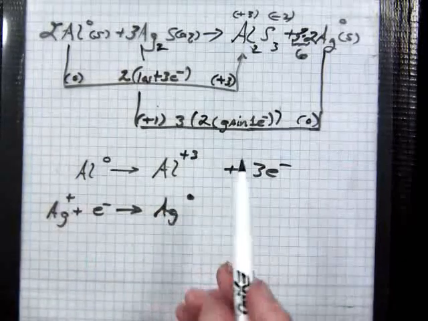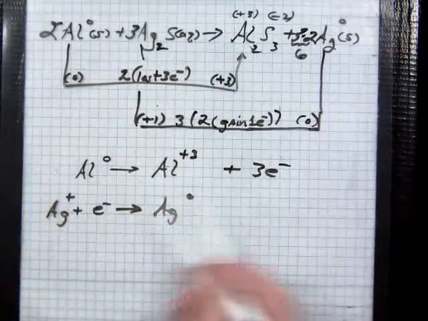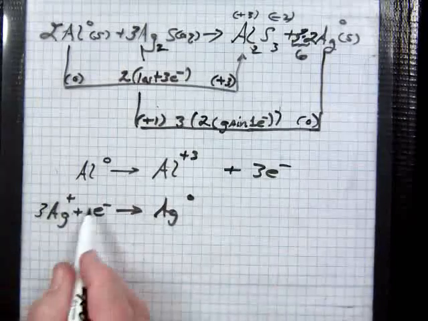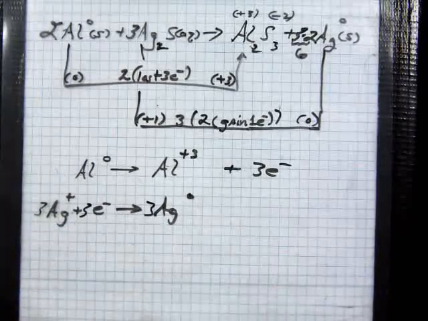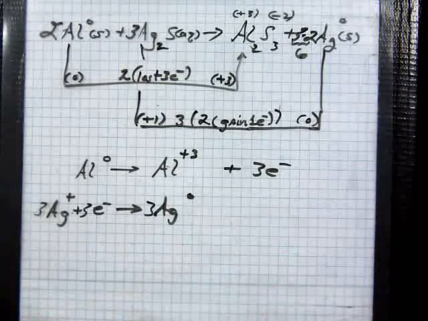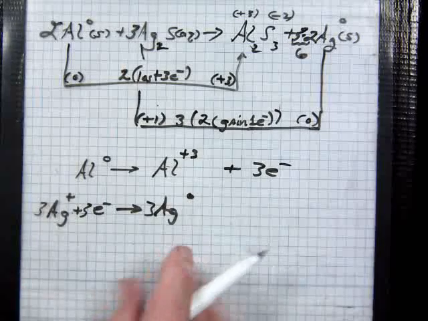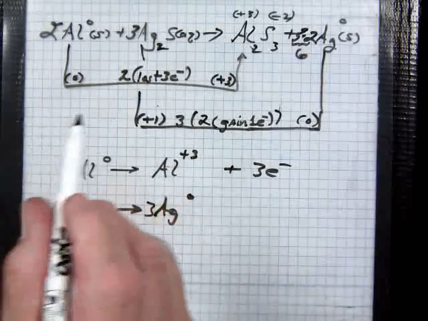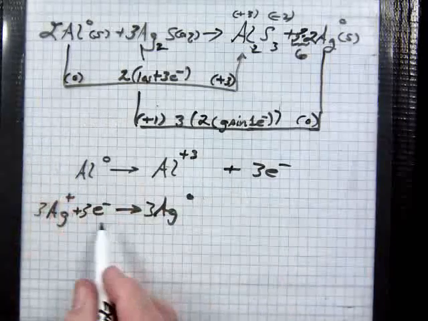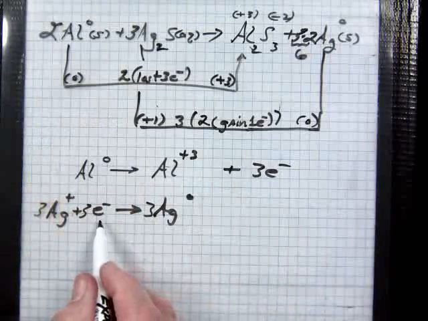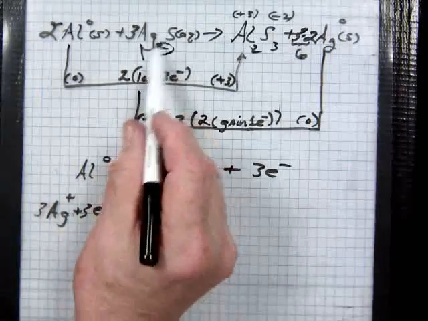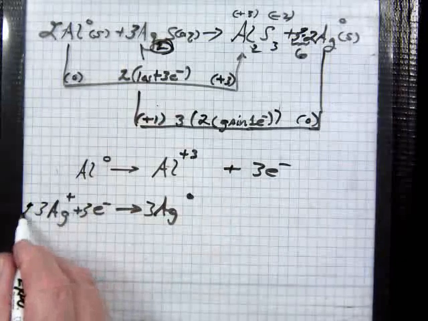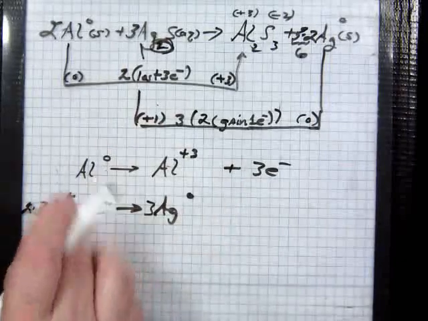Okay, we can't add those together in this form, so I have to go through here with 3 and bring those up to 3 silvers. Then I can add them together, and we had 2 silvers in the beginning of this. Right here. So I got to use 2 more, and then 2 more.